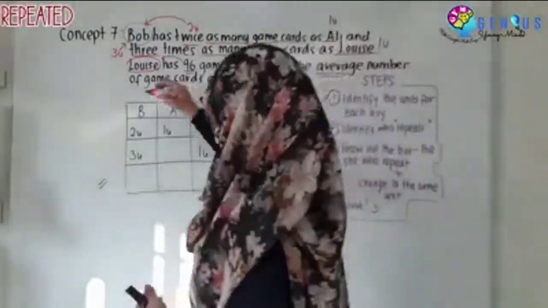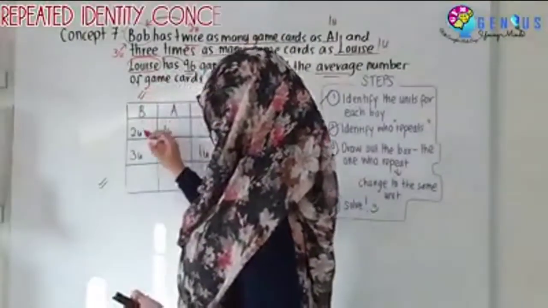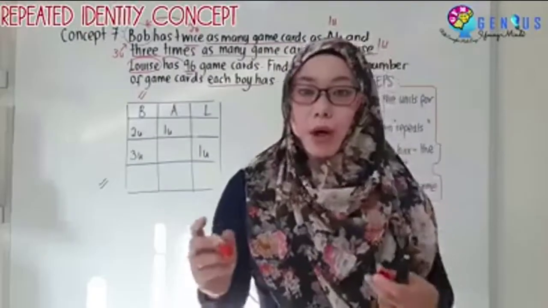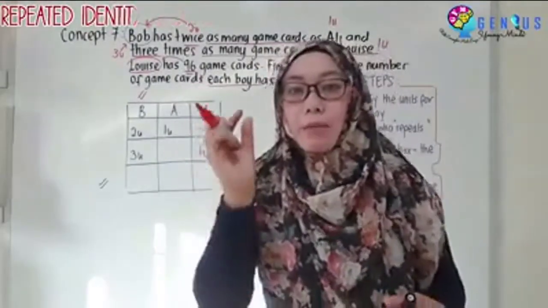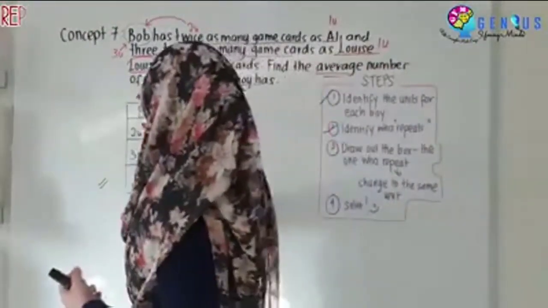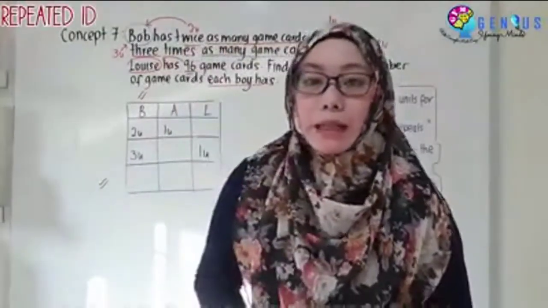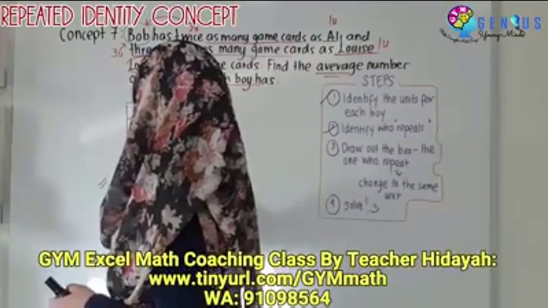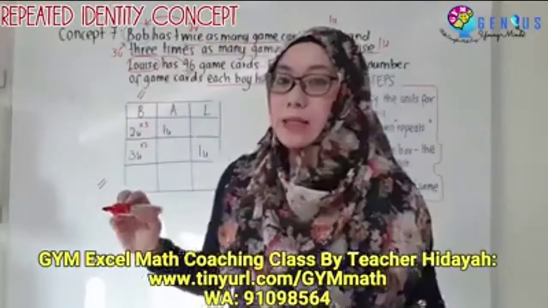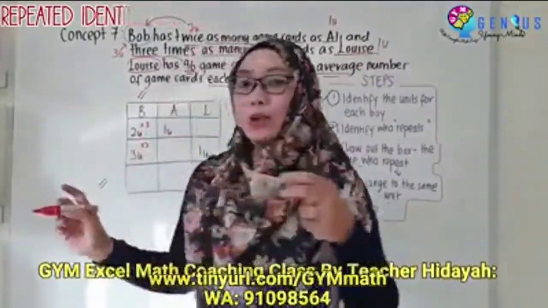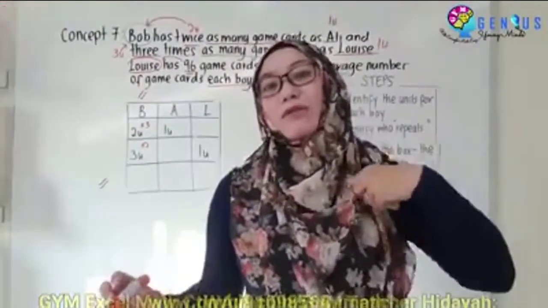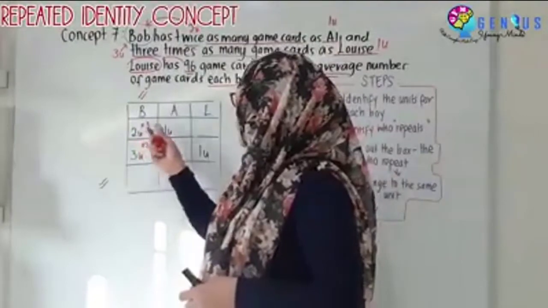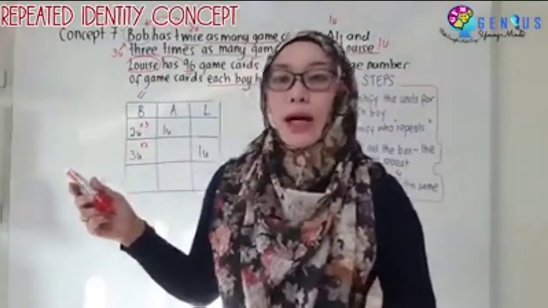So we look at Bob. Bob has 2 units, and then Bob has 3 units. We must make Bob have only one same unit, which means changing it to the lowest common multiple. So we multiply 3 times 2, which is 6. Here is another magic piece of information to remember: whatever I do to a box in the row, the next box in the row must do the same.